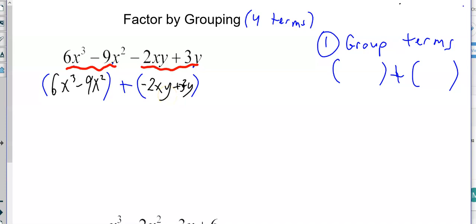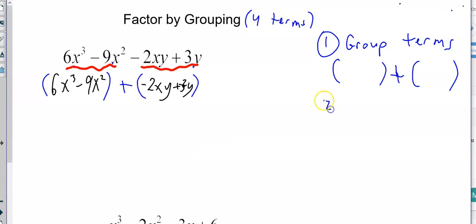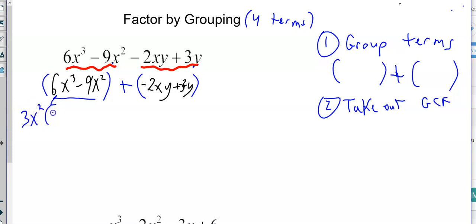The second step is to take out the GCF of each group. So here you're going to pull out a GCF. It looks like 3x squared times 2x minus 3, plus.